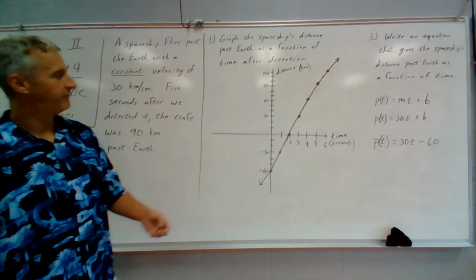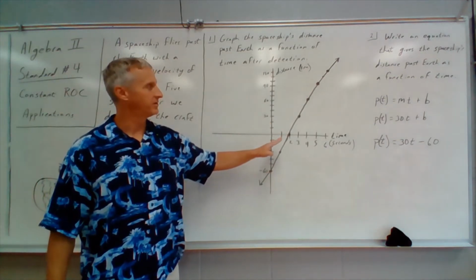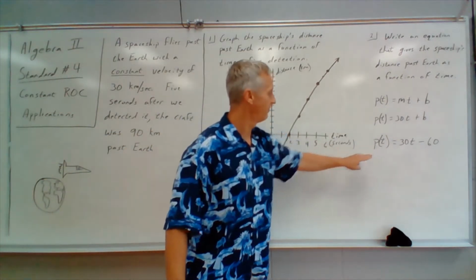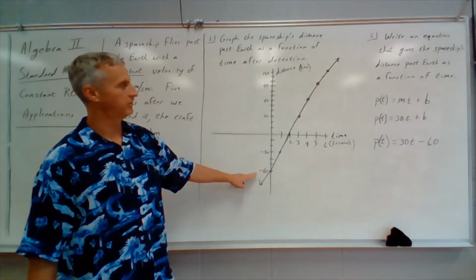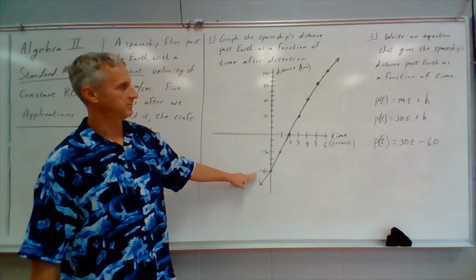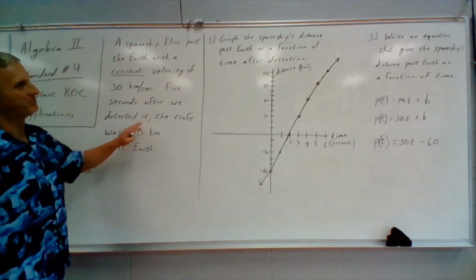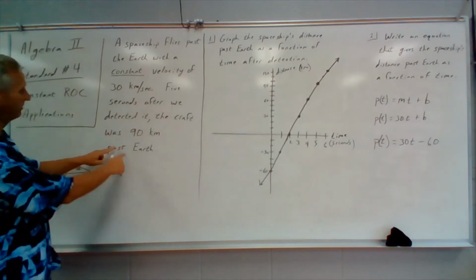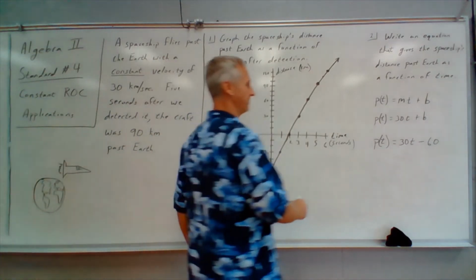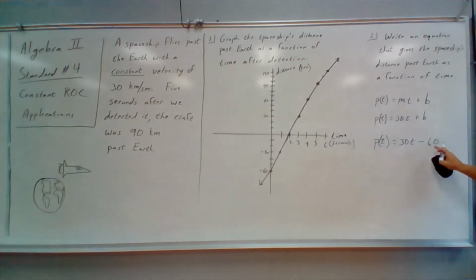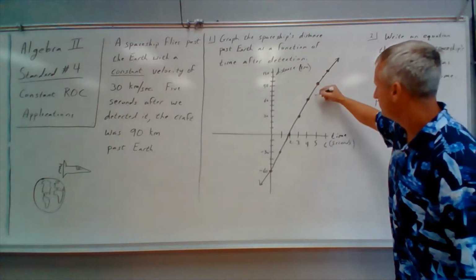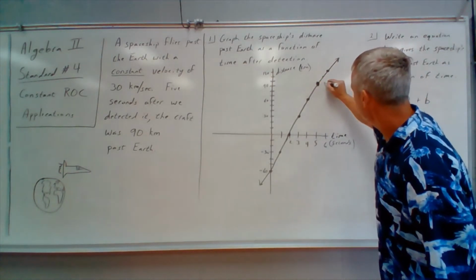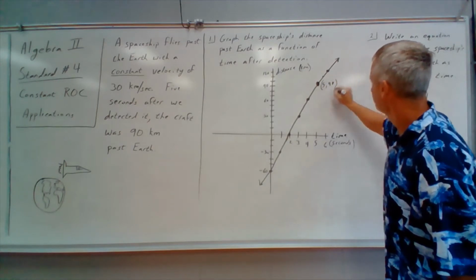Instead of graphing it and looking at it, we could have found the y-intercept by using the point that I told you here, the point (5, 90). So let's do it that way. Suppose I hadn't graphed it and I didn't know this negative 60. I'm going to use this point that we were told, (5, 90).